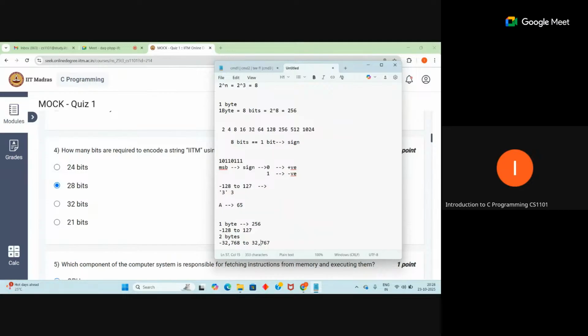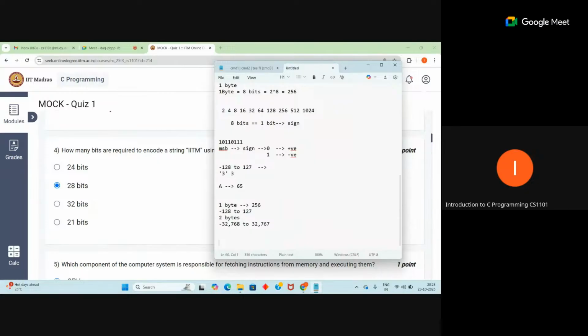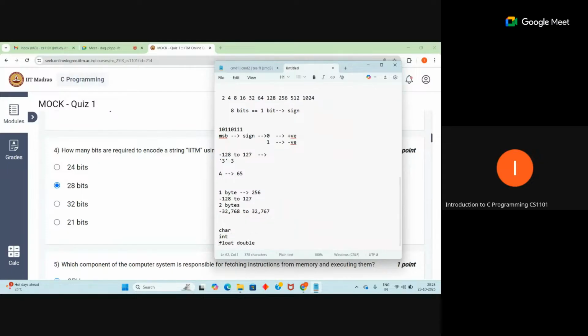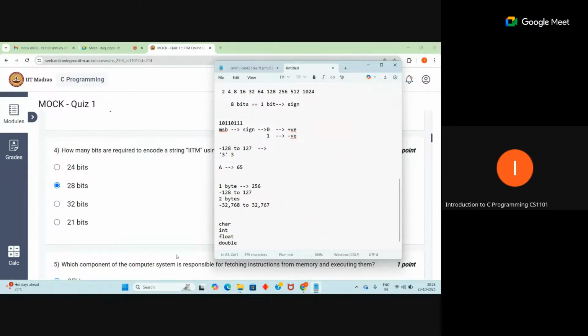So like that, you have data types, no? You have basic data types in the C language. Those are char, int, float, double. These are the basic data types accepted in C. Your data must be any one of these: a character, an integer, a float value, or a double value.